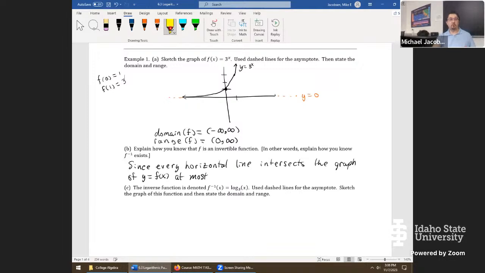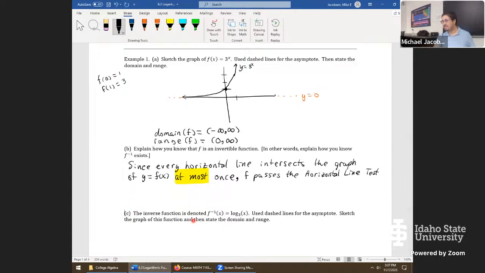This is the most important thing of the horizontal line test. You have at most one intersection. So at most once, f passes the horizontal line test. And I really thought I could fit that all in there.